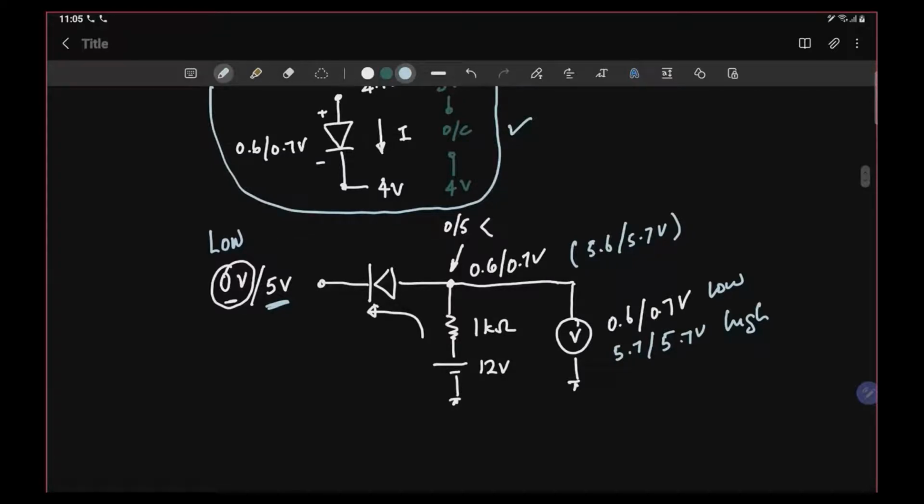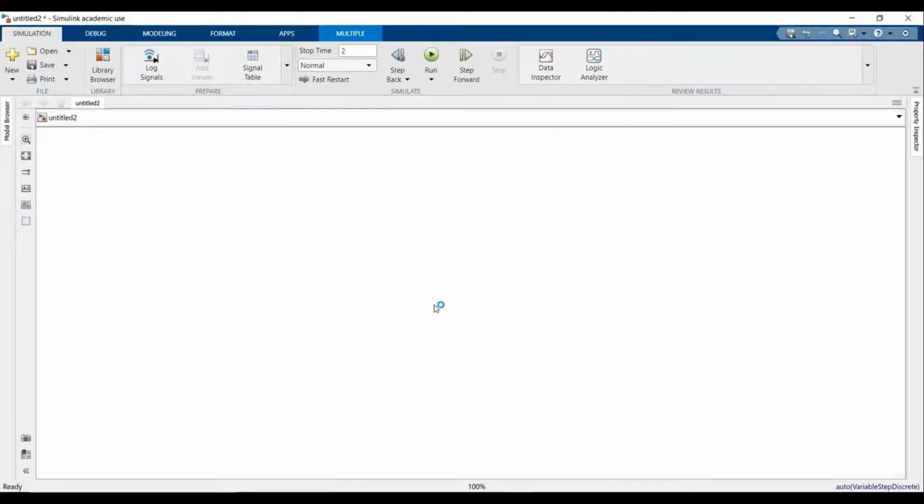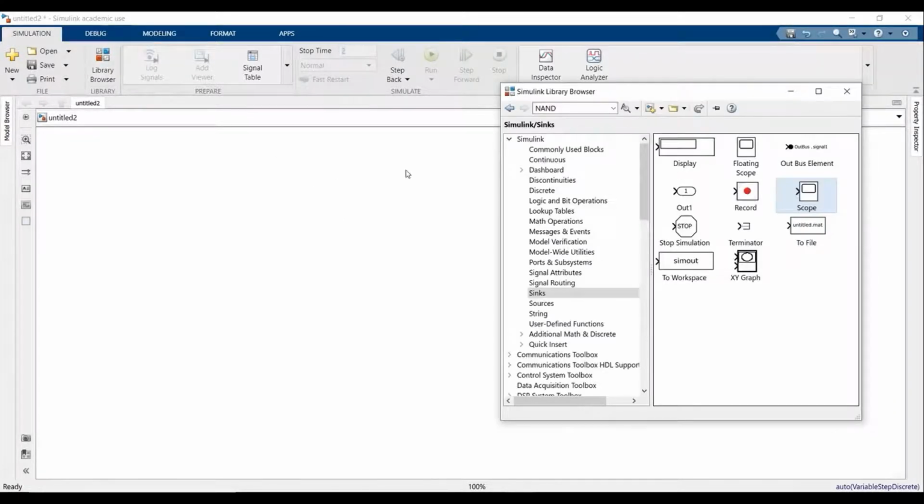And now we're going to look at how we're going to simulate this circuit in Simulink. Okay, we need a diode, resistor, and the voltage. So if I go back to my library browser, let's do a quick search on diode.